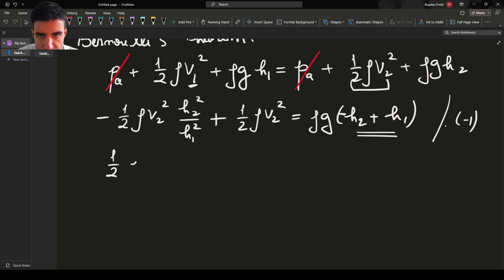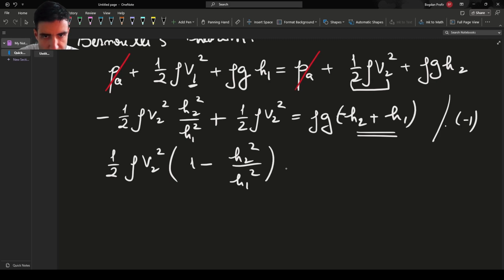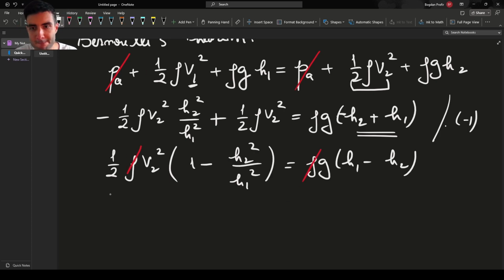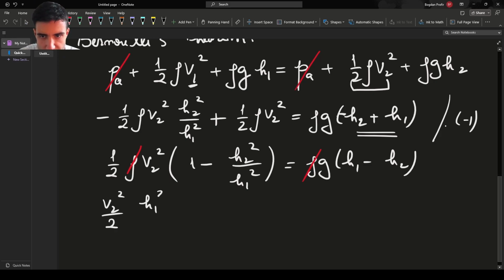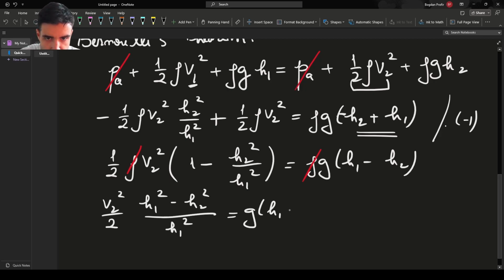So we have 1/2 rho V2 squared times 1 minus H2 squared over H1 squared, and that's rho g (H1 minus H2). Of course, we can cancel out the densities, and this becomes V2 squared over 2, and then we have (H1 squared minus H2 squared) over H1 squared is g (H1 minus H2).